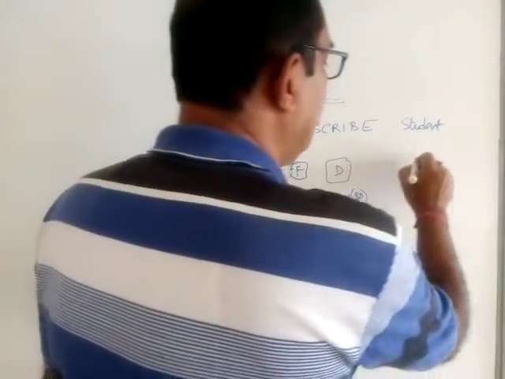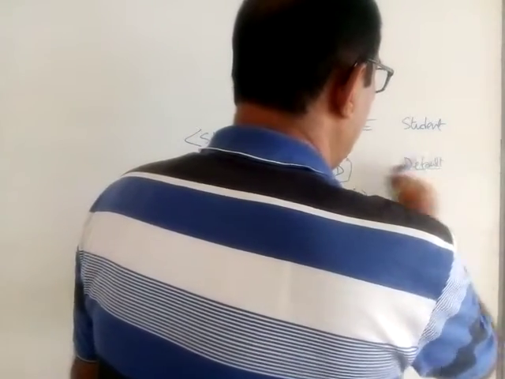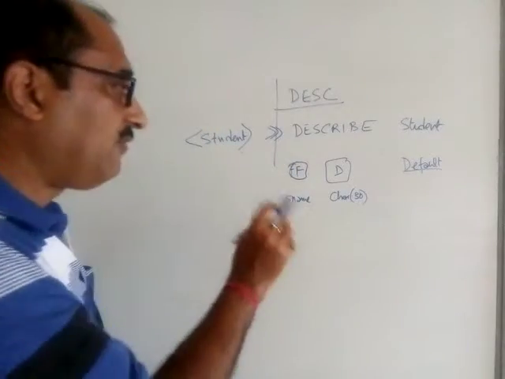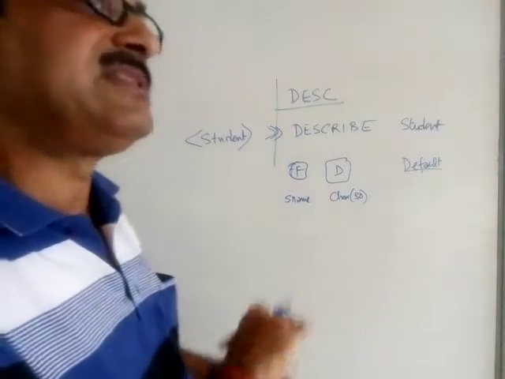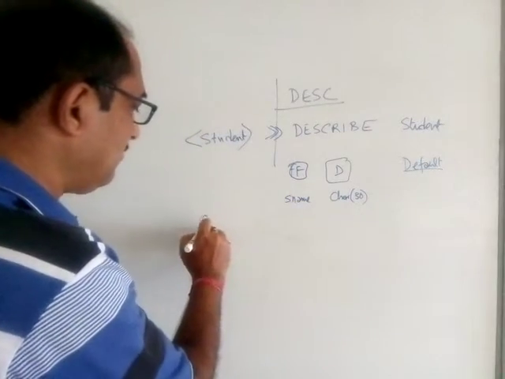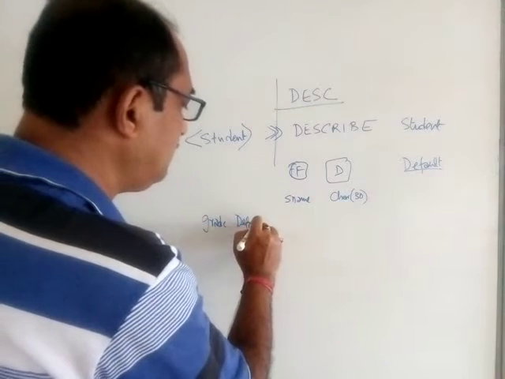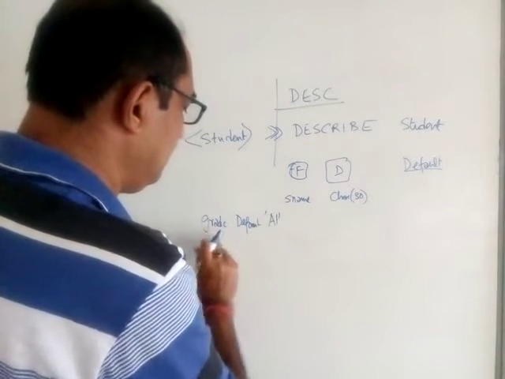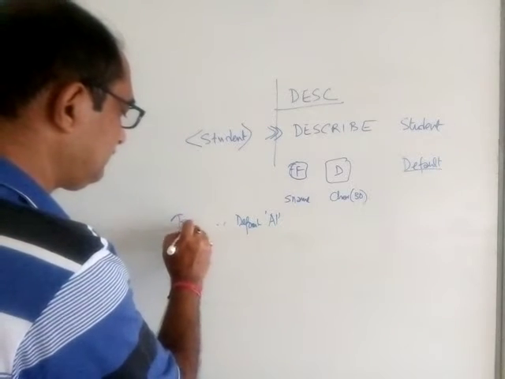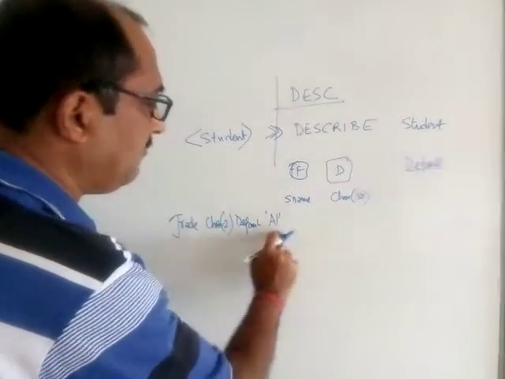For example, there will be a column called default. Default will show you if you have already given some default value. Say imagine in this table there was a field called rate, you mentioned the data type as character, and default A1.